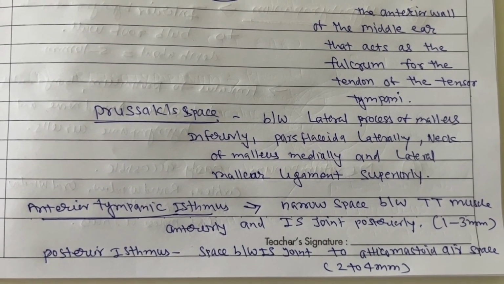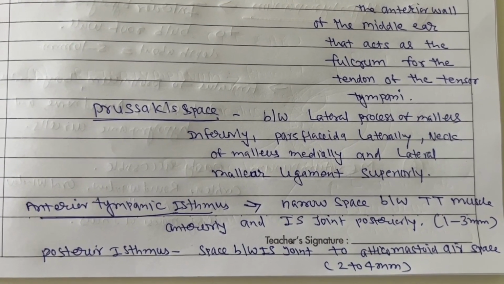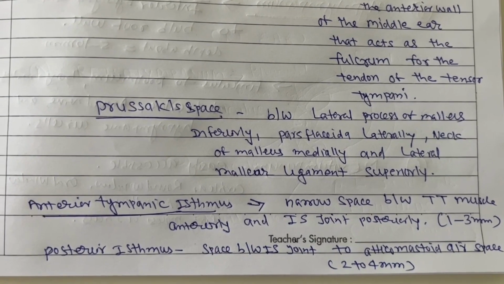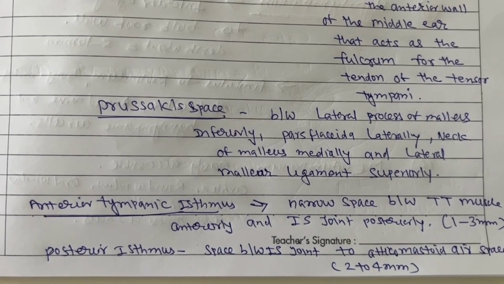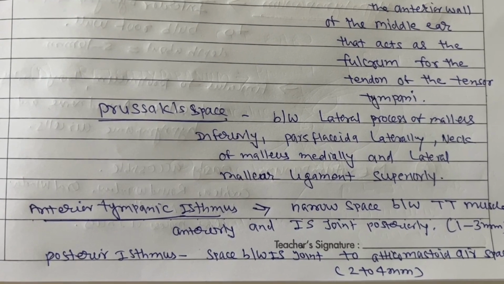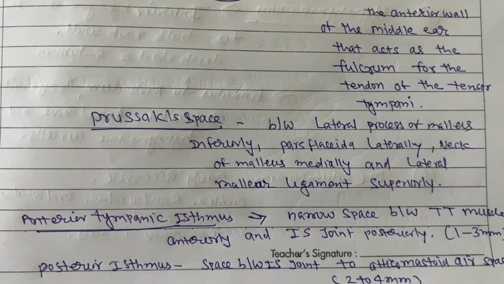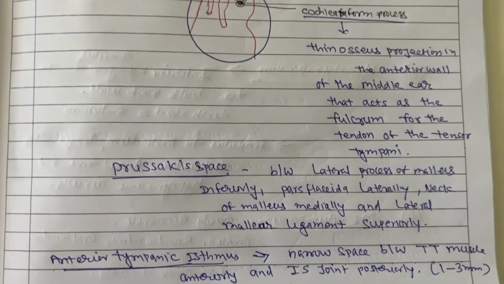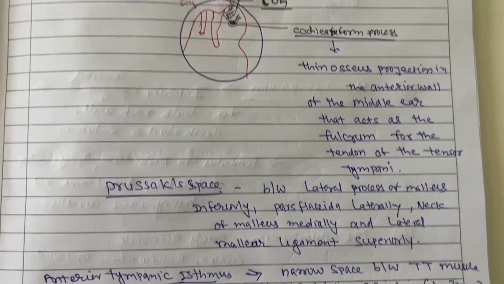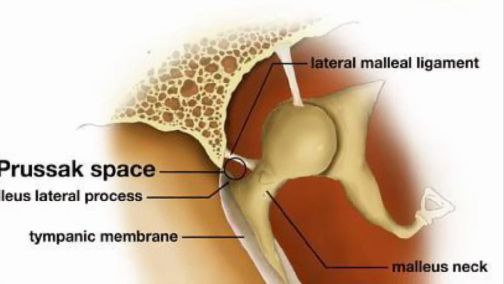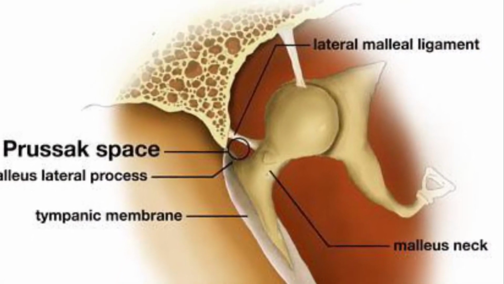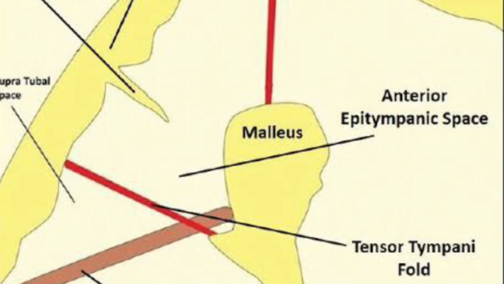Prussak's space lies between the lateral process of the malleus inferiorly, pars flaccida laterally, and the neck of the malleus medially. And laterally, you can see the malleolar ligament superiorly also. So these spaces are more prone to cholesteatoma disease. You can see this Prussak's space in the picture.